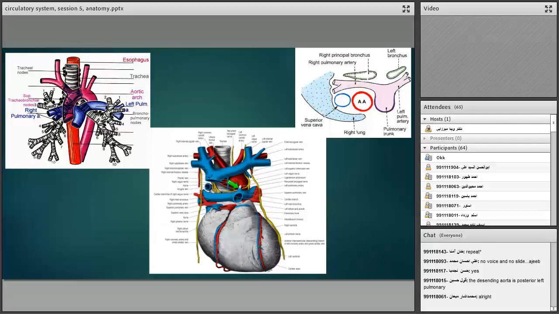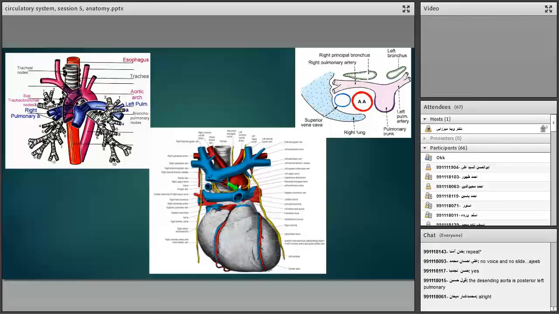Look at here, this white part. We call that, in the embryonic or fetal period, the ductus arteriosus.